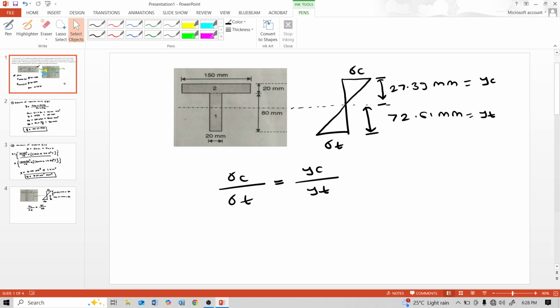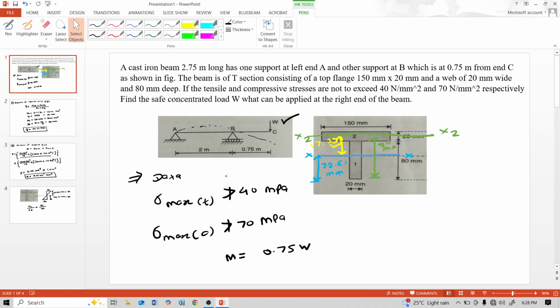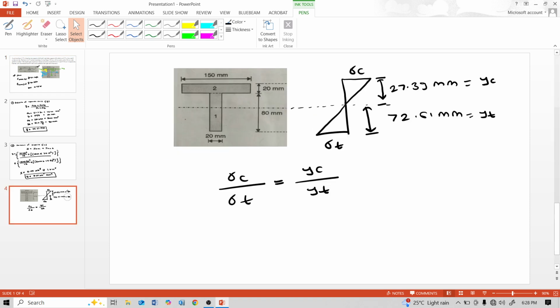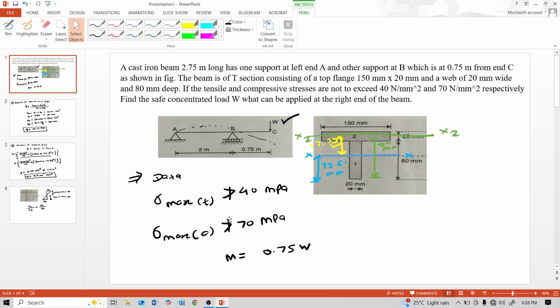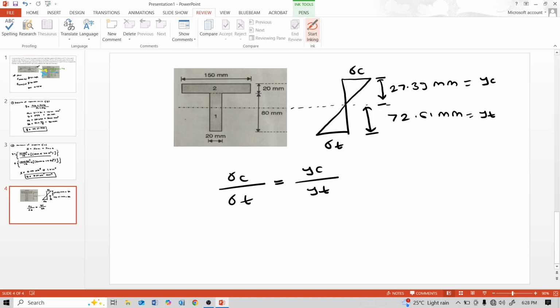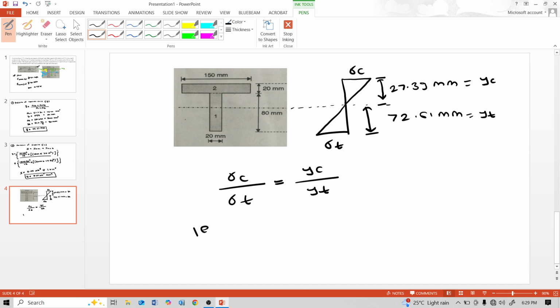In the numerical, they have given us sigma T as 40 MPa and sigma C as 70 MPa. So let sigma C be 70 MPa.